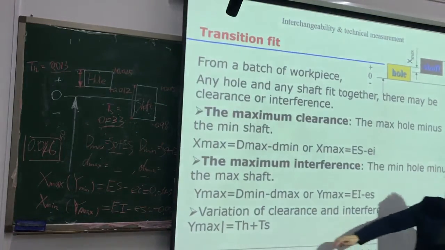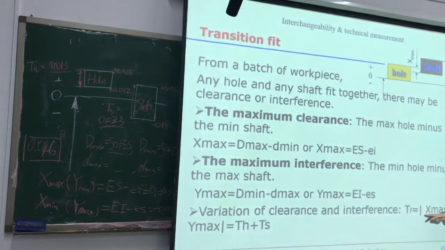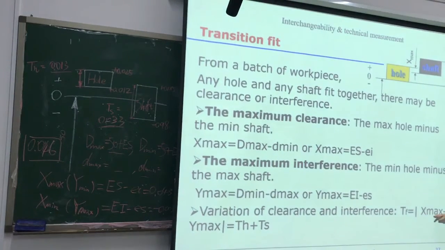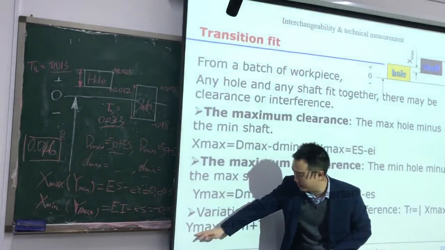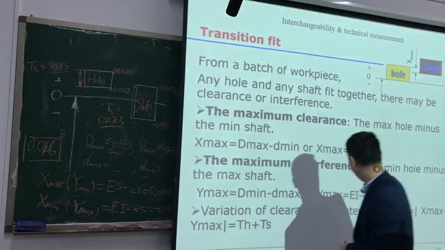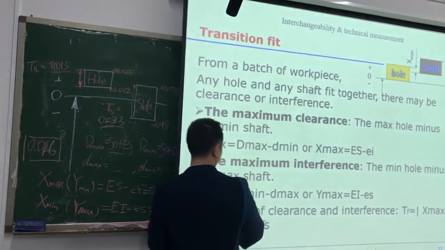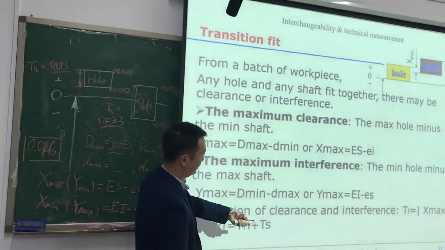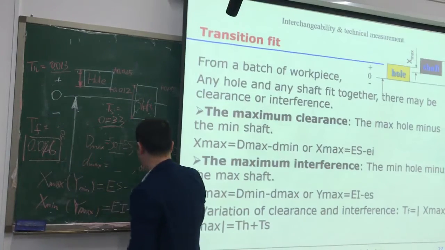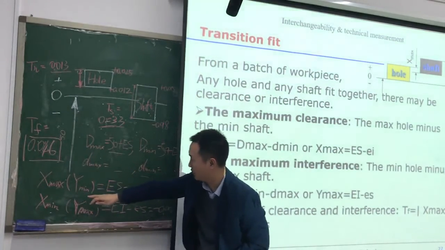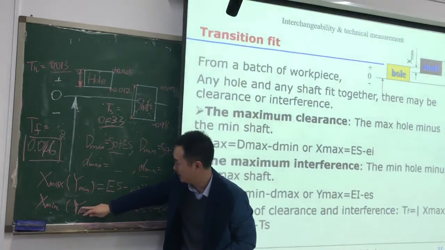Like we said, we use this equation to get the result. We can also get the answer by using the maximum clearance minus the maximum interference. This is called TF. So this TF can also be found using the maximum clearance minus the maximum interference.